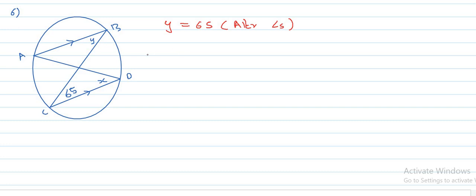Therefore, since ABCD lies on the circumference, it means it's a cyclic quad. Then we're going to say angle y equals angle x, which will be 65. What is the reason? Angles in the same segment.